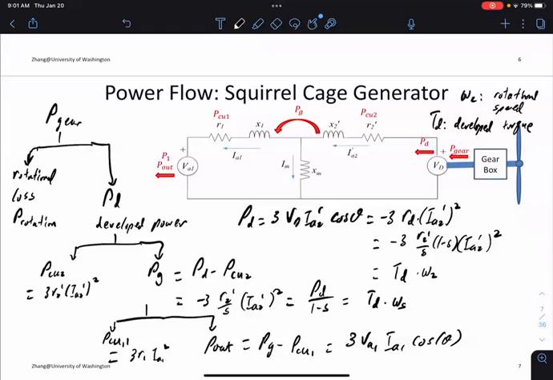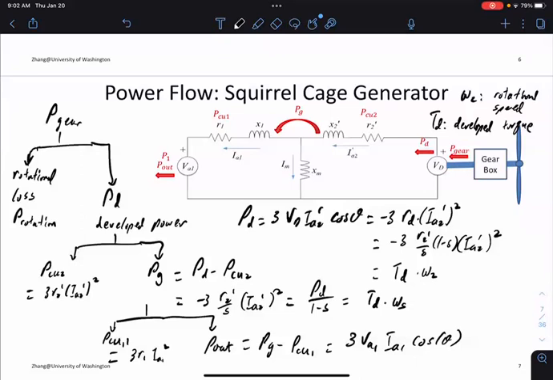I've got a question on the developed torque. I might be misremembering, but I thought when an induction machine was spinning at synchronous frequency, the developed torque would be 0. If it's spinning at the synchronous speed, is the power 0?